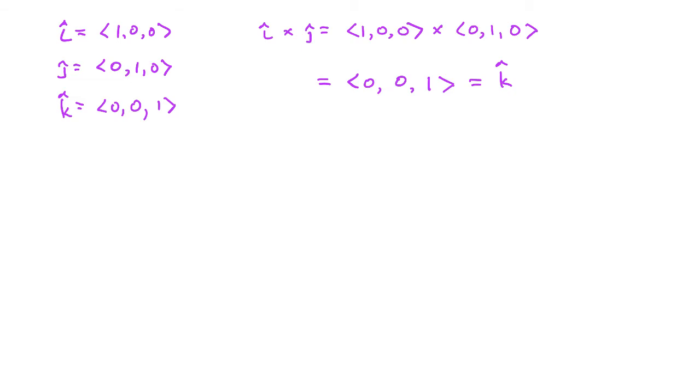If we go through and compute the others, what we notice is a pattern: if we do j cross k, that will in turn give us 1, 0, 0, or an i. And if we did k cross i, that will give us a value of 0, 1, 0, or our j. And so this gives us a shortcut, in a way, through what we call a cyclic permutation of our i, j, and k.